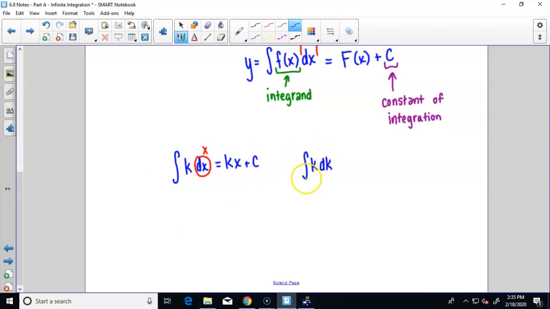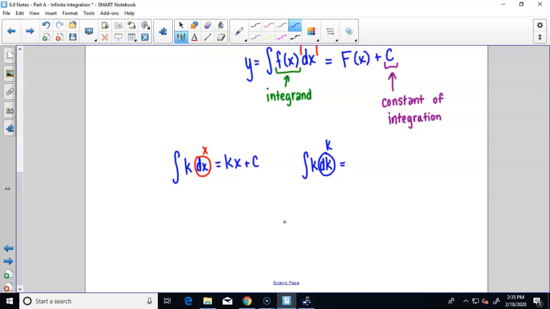But if I have the integral of k dk, k is my variable of integration. So k is actually the variable this time, not a constant. What function could we use that would have a derivative of k, where k is the variable?